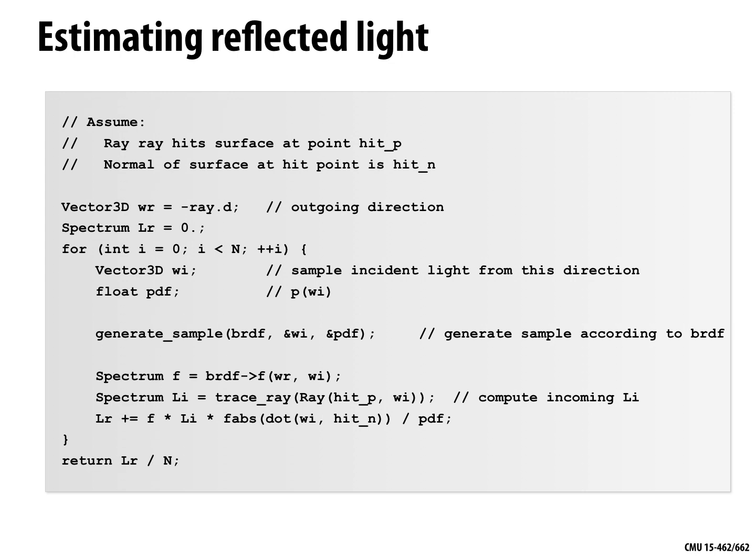So we trace a ray back along this incoming direction. It's going to hit a point in the scene, and then we run this same routine to estimate the radiance for that direction.